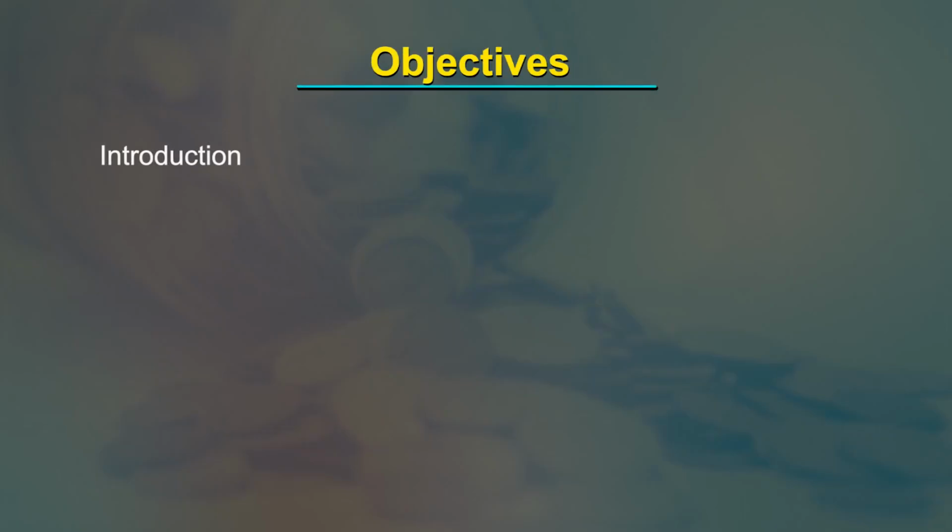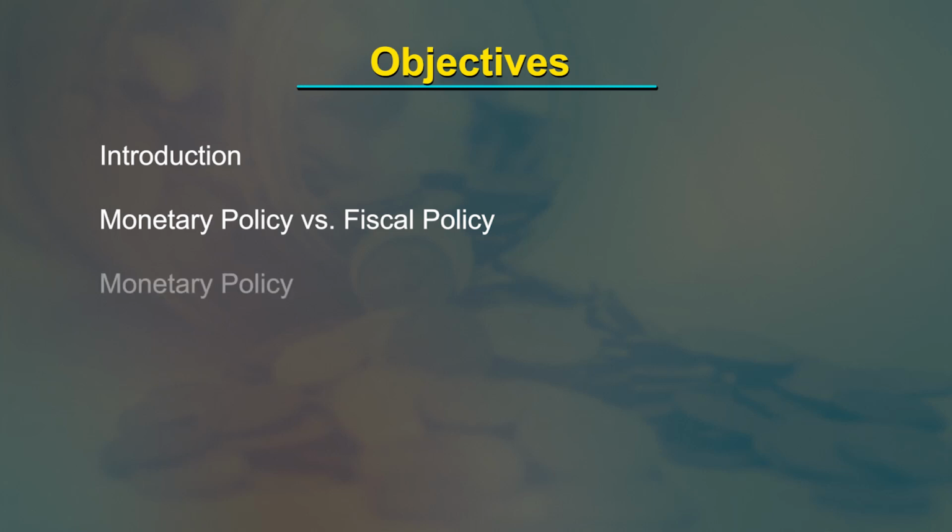As in any other lecture, this module starts with a very brief introduction of the monetary policies, and then we will talk about the difference between monetary policy and another set of policy which is termed fiscal policy. I'll explain it later. Then I will go on elaborating much on monetary policy.